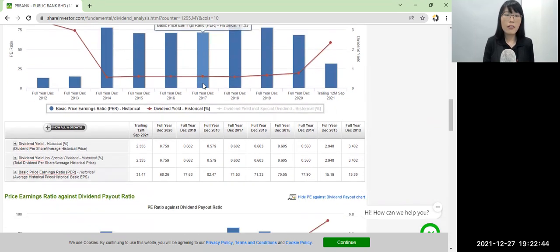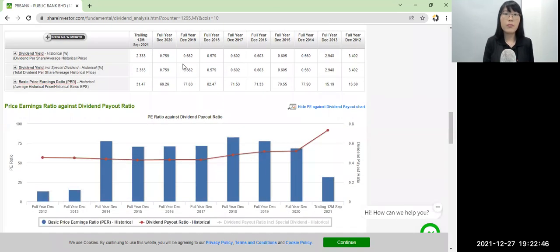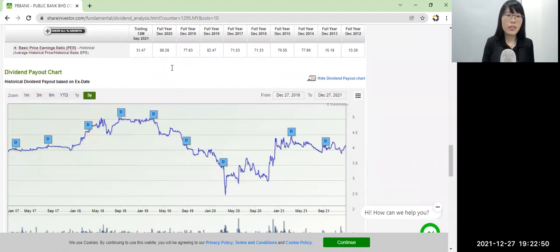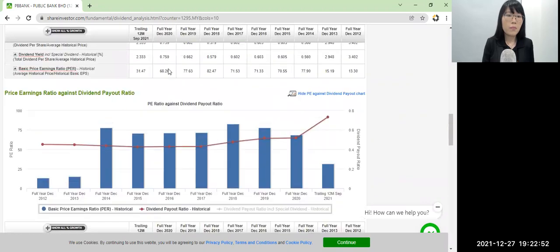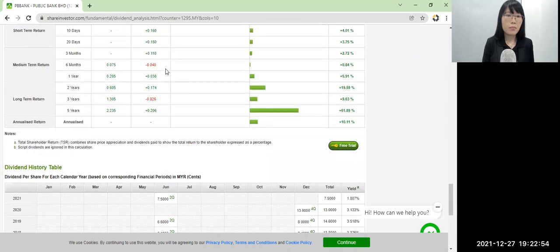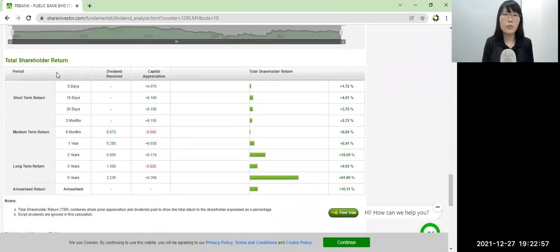When you scroll down again, you can see all the total shareholder returns here. Total shareholder return: in 5 days, you can make 1.72% as a short-term return, while for 10 days it is about 4.01%.